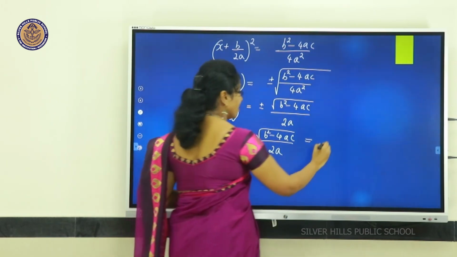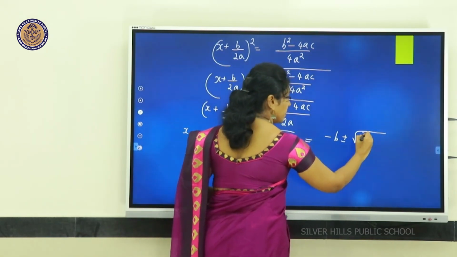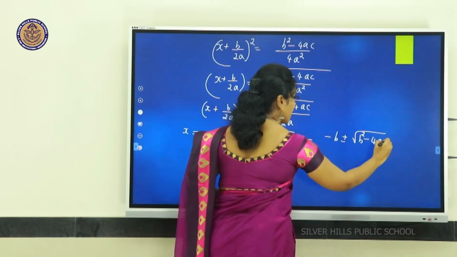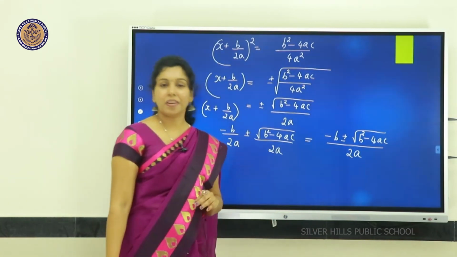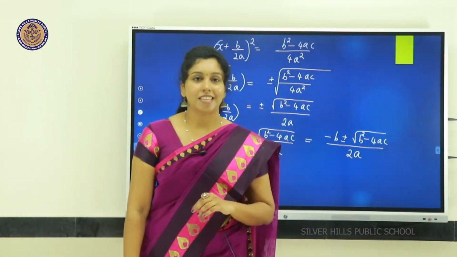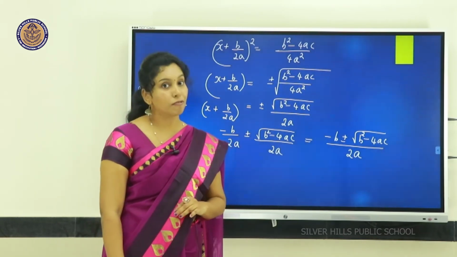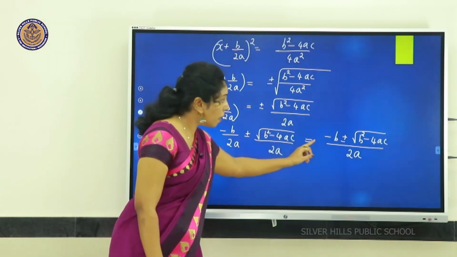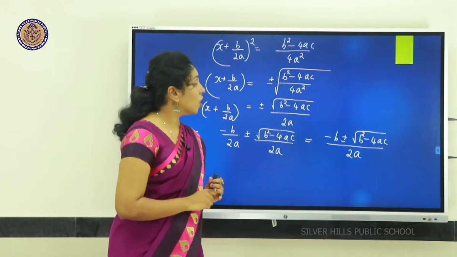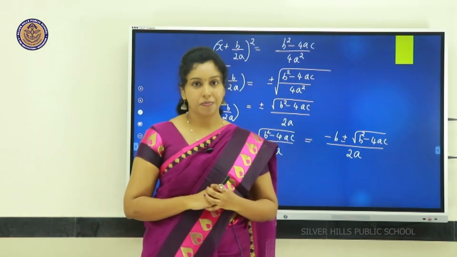So this is same as minus b plus or minus root of b square minus 4ac divided by 2a. And see, we have derived the quadratic formula, a very simple formula to find the roots of a quadratic equation. x is equal to minus b plus or minus root of b square minus 4ac by 2a.